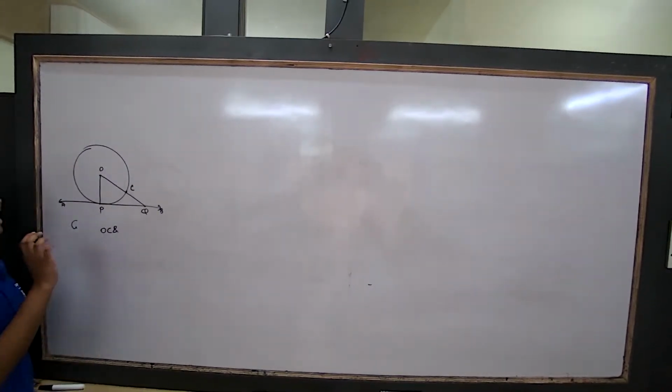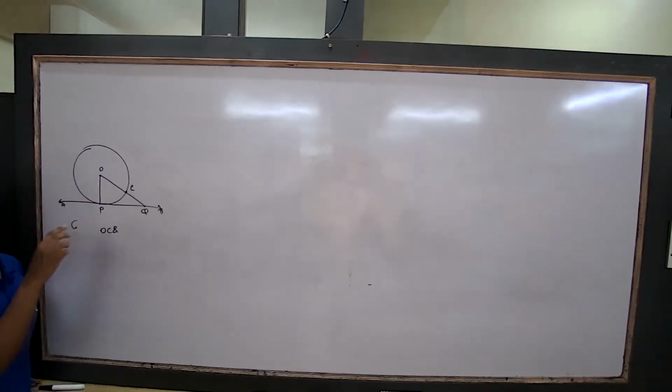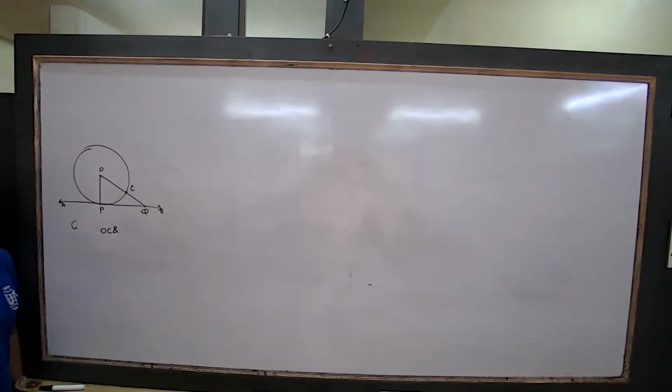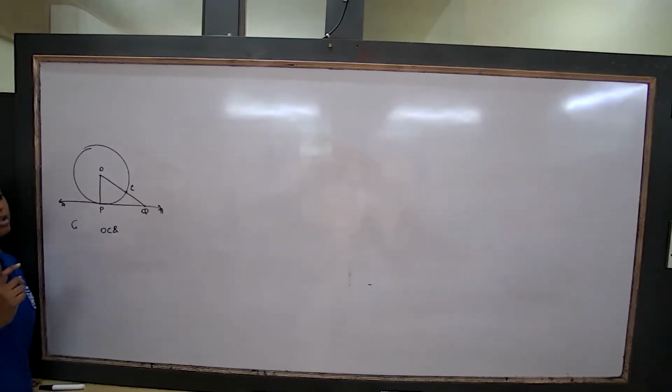Okay. After that, we have to draw a line OQ anywhere other than point P. Q is any point other than point P. Yeah. On where? On the tangent AB. Okay. Then.